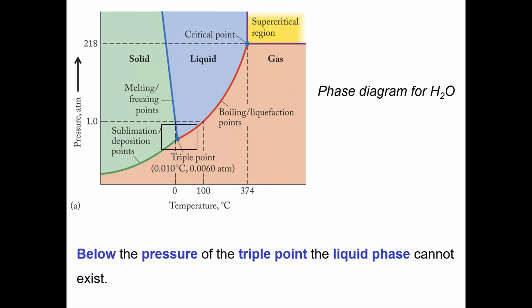Something to note about the triple point is if you're at a pressure lower than the triple point, then there's no liquid phase. You can see on the diagram that the liquid phase doesn't come into existence until we are above the pressure of the triple point. Now, for liquid water, the triple point is much less than 1 atmosphere, so we do observe liquid water at atmospheric pressure.